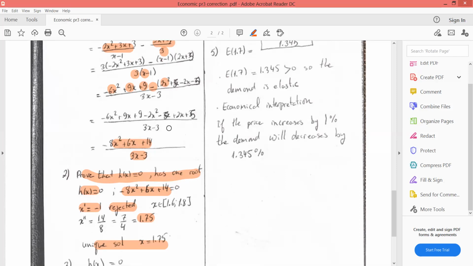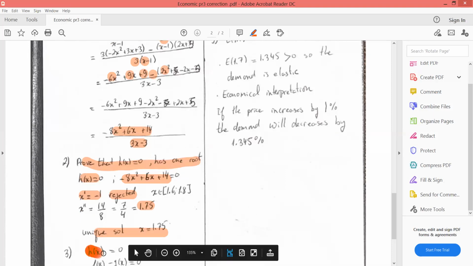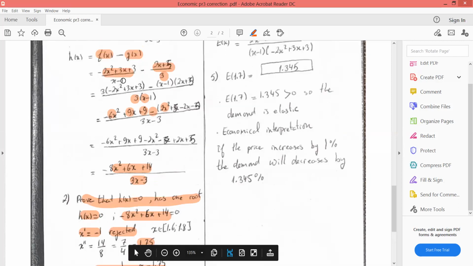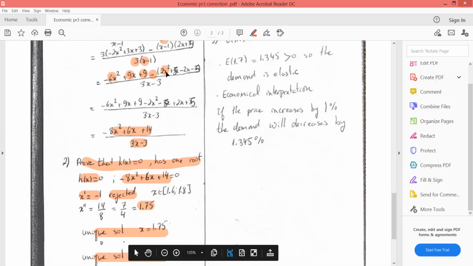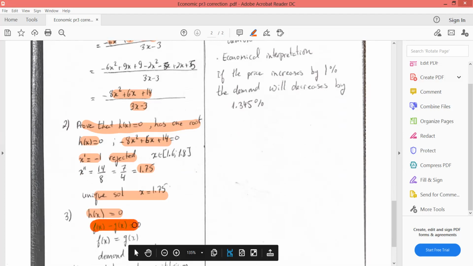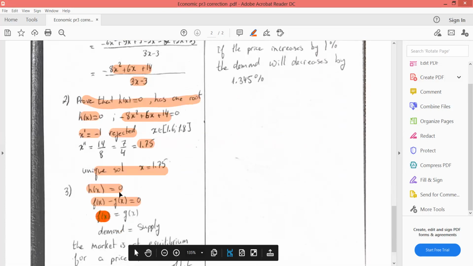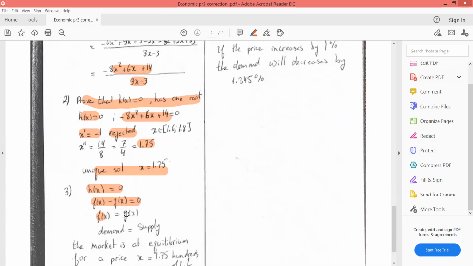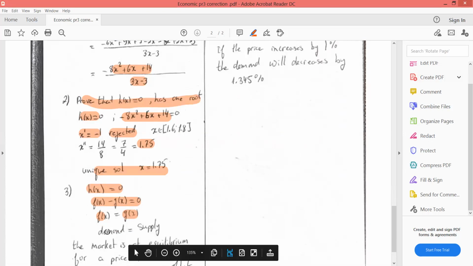What is hx? hx equal to 0. What is hx when given? It is fx minus gx, meaning fx minus gx equals 0. Any question still here? No. So fx, we take minus gx to the next side, it becomes gx. So fx, the demand, is equal to the supply.